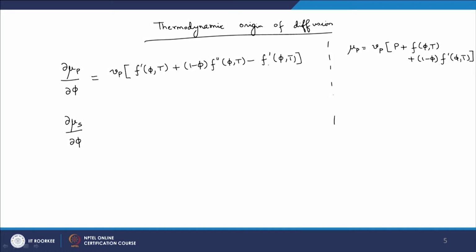Again we have certain cancellations, and what we get is V p multiplied by 1 minus phi f double prime of phi t.